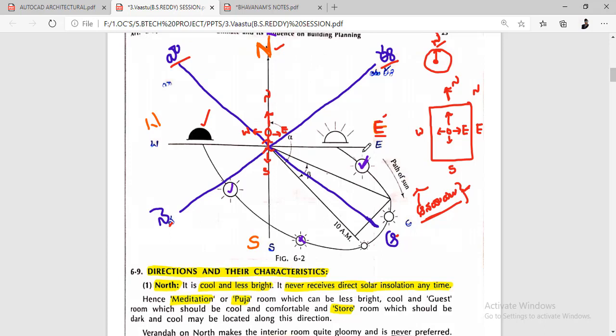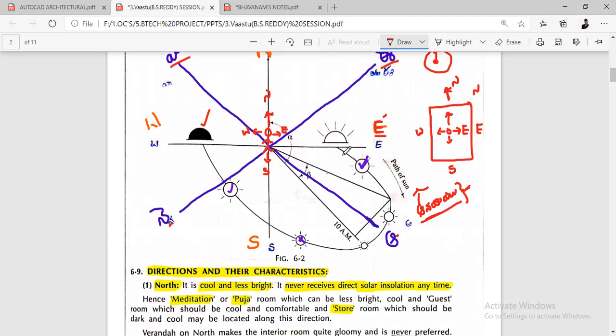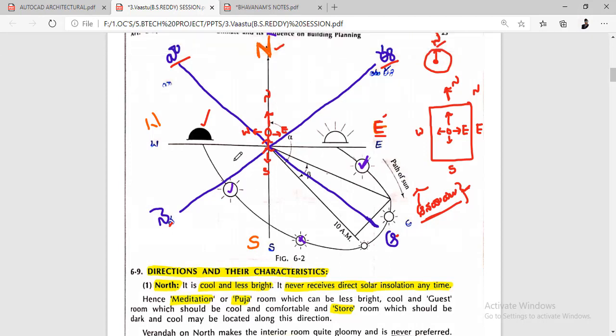In engineering vastu, the main consideration is the sun. Based upon the sun path, we need to take some considerations that we will discuss right now: how they take this sun direction and decide these room placements.